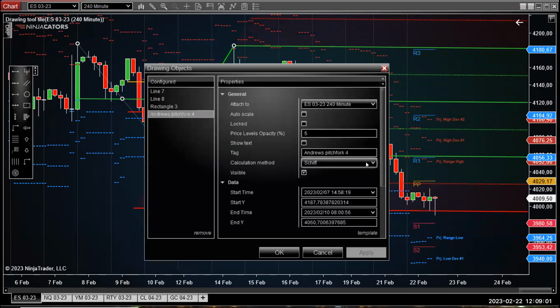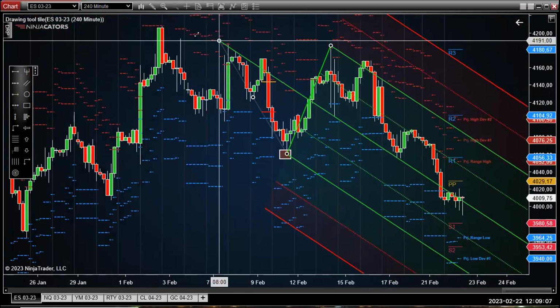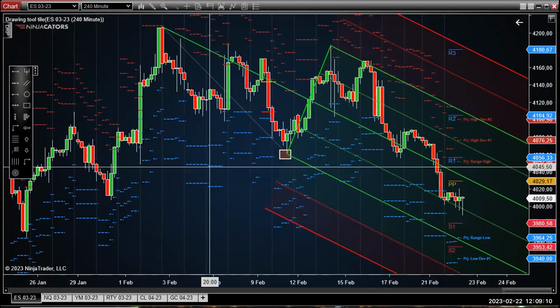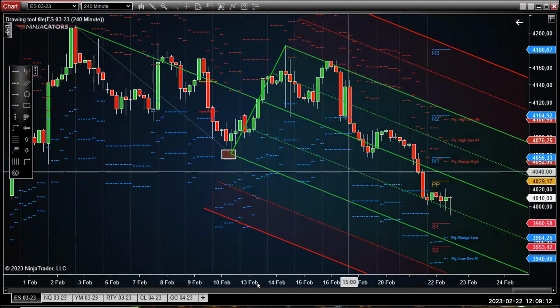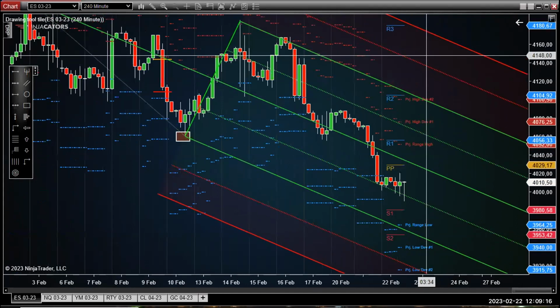If I change that to a standard pitchfork, sorry about that, you can see how well price has been following these angular support and resistance areas.